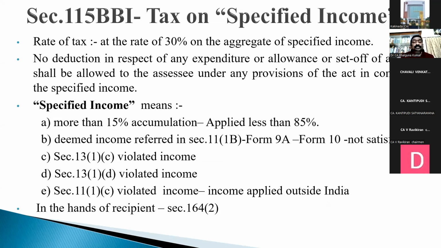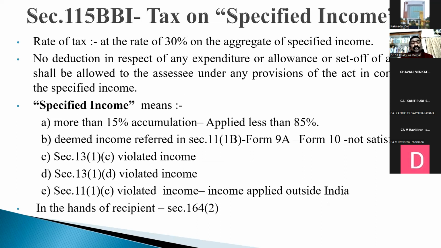So then the 30% 115BBI I have specified, when it will become specified income. The circumstances as they are given in the section, I have repeated that you have more than 15% accumulation if you want to do.